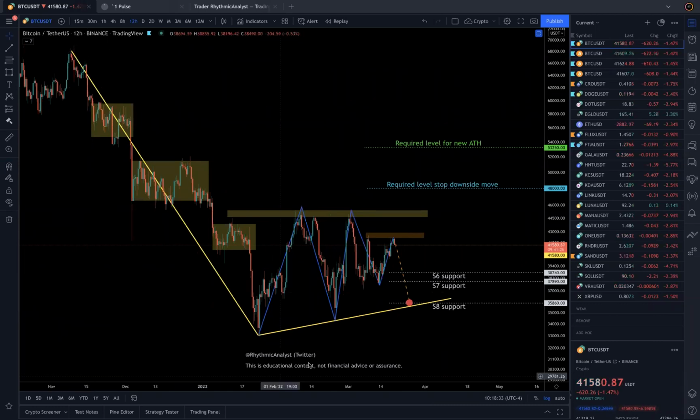I added yellow boxes to show you further that there is always consolidation. So this is the first leg, consolidation, second leg, consolidation, third leg, consolidation, fourth leg. And there is no end to how you split it.